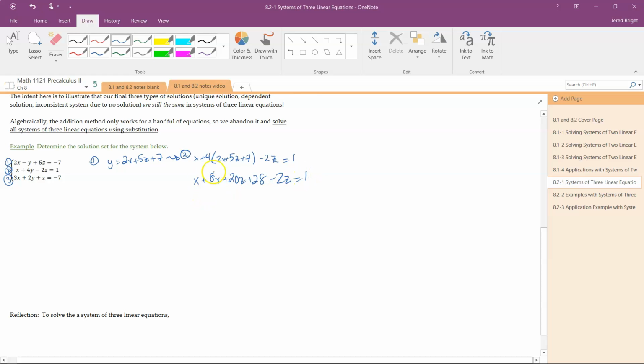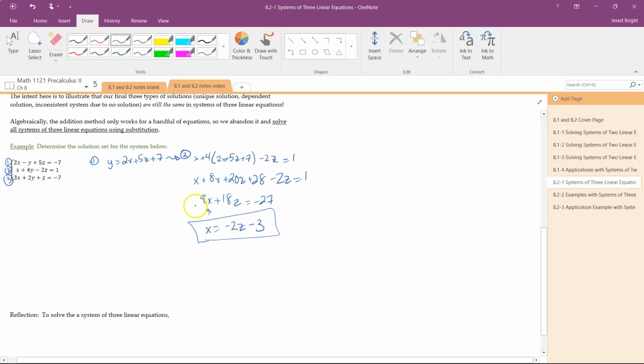Okay, and if I simplify this, I get 9x plus 18z is equal to minus 27. Divide everything. I'm going to solve for x, and so here I get x is equal to, let's see, move the 18 over, divide by 9, I get minus 2z minus 3. So that actually works out quite nicely.